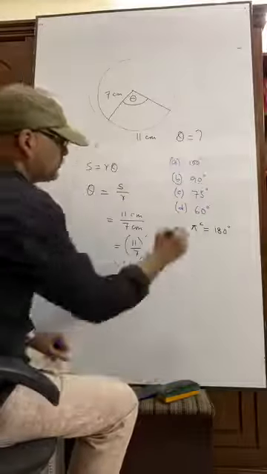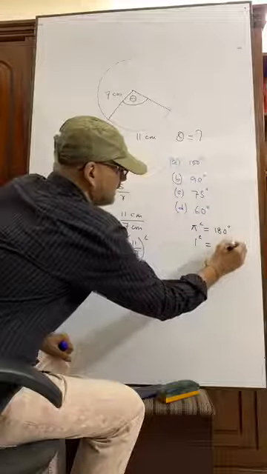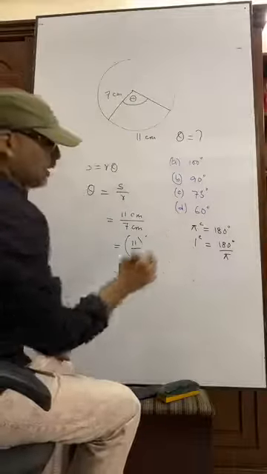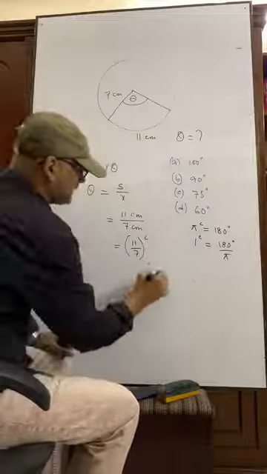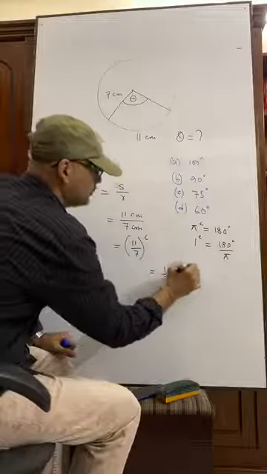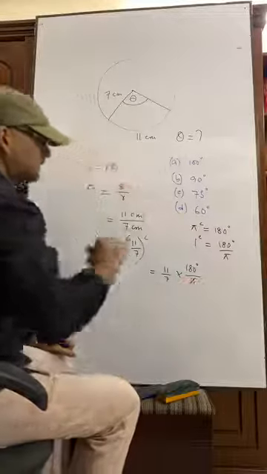So 1 radian equals to 180 degree by pi. So we have to multiply it by 180 degree by pi. That is 11 by 7 into 180 degree by pi. Now you calculate.